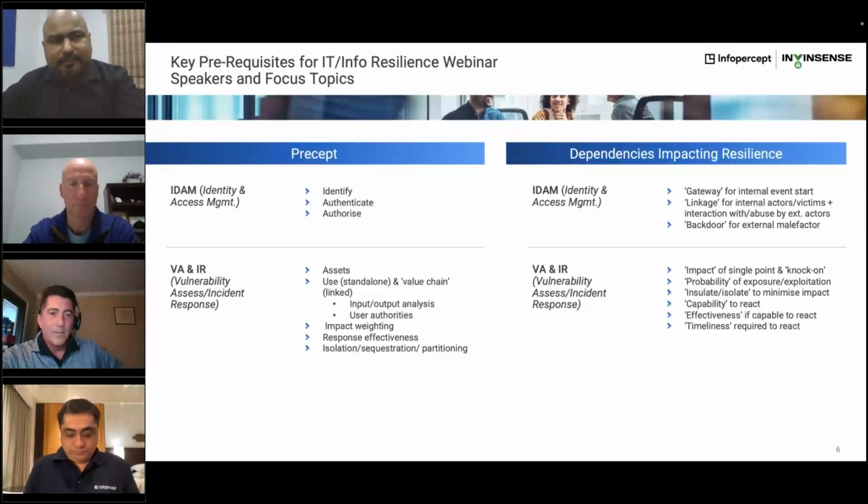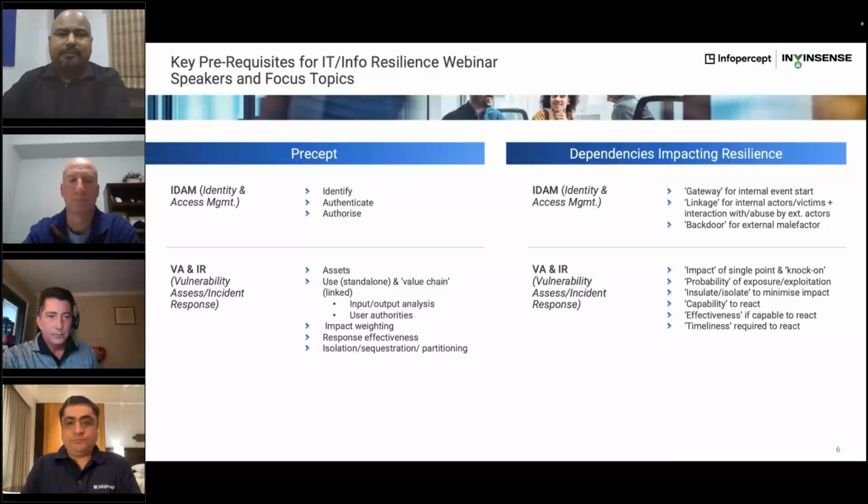And then the critical area that Paul will help focus upon, and the reason that he was involved in the key project at the London Stock Exchange Group when he was there in his prior role, was focusing on incorporating a large external vendor and contractor population into their IDAM capabilities.